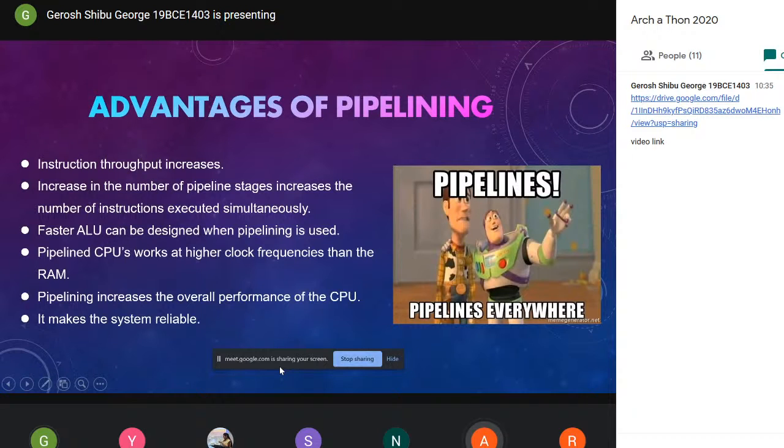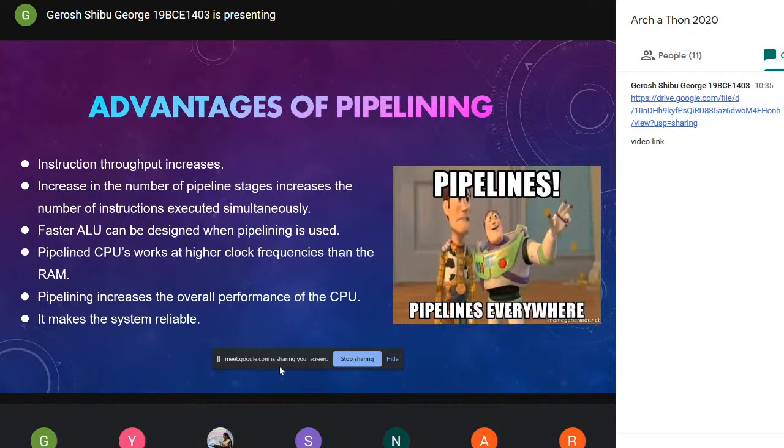So we can say that the throughput increases. The second advantage is that an increase in the number of pipeline stages increases the number of instructions executed simultaneously. With more stages, we can perform more operations on different types of instructions.